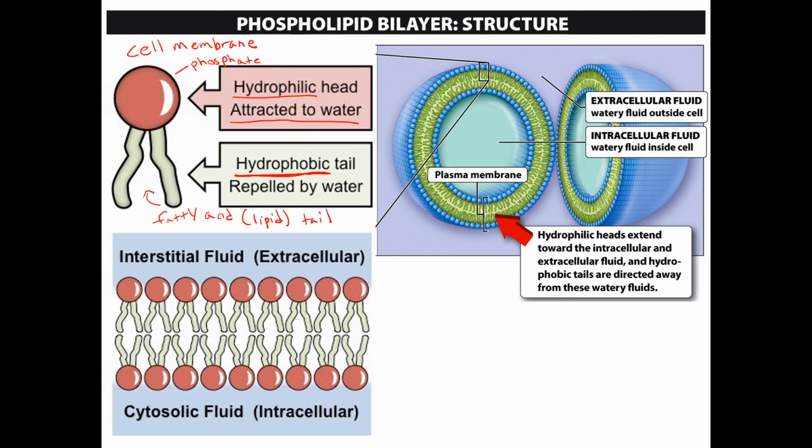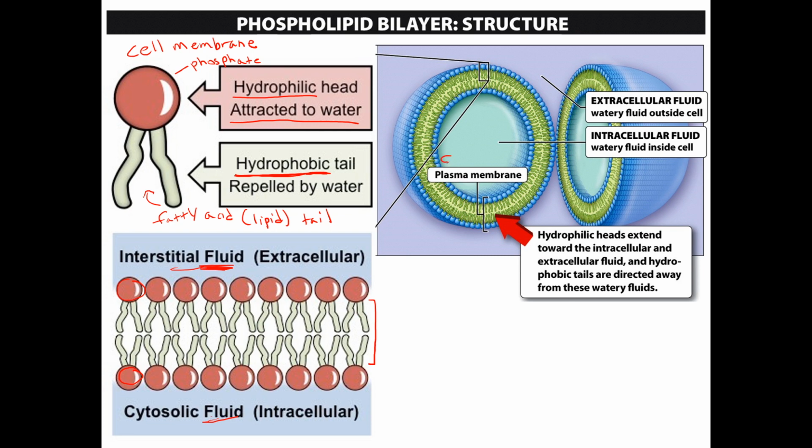So the parts that like water, the heads, are facing watery areas, like outside your cells, or the cytoplasm, inside your cells. And then sandwiched in the middle, that's where you have the hydrophobic tails facing each other. That makes up the cell membrane.